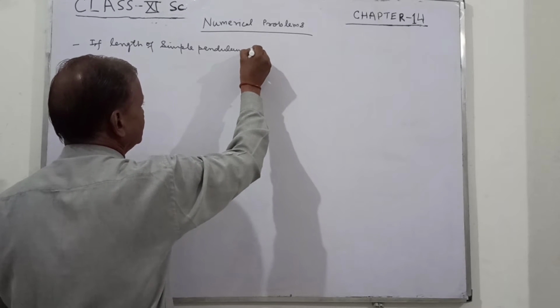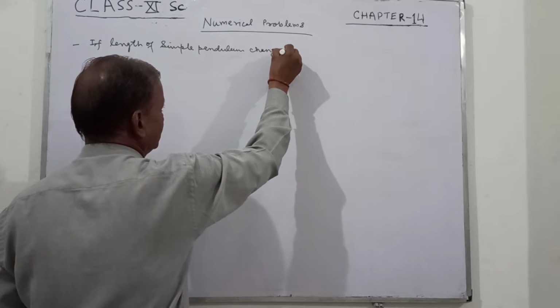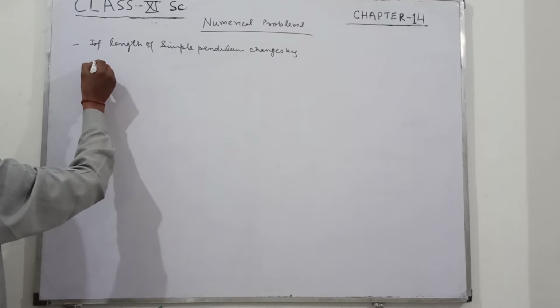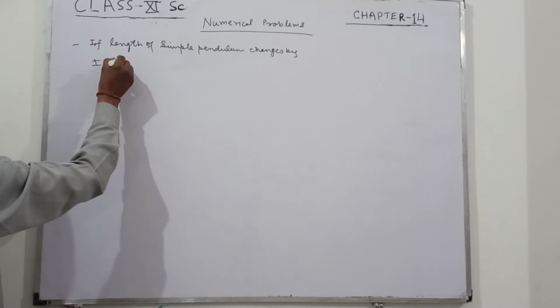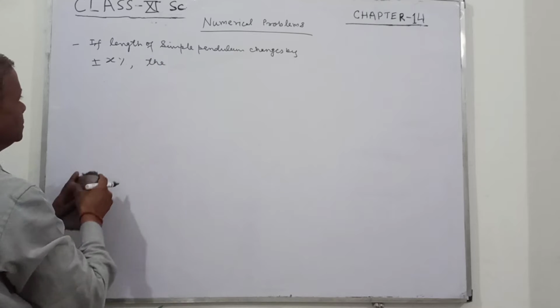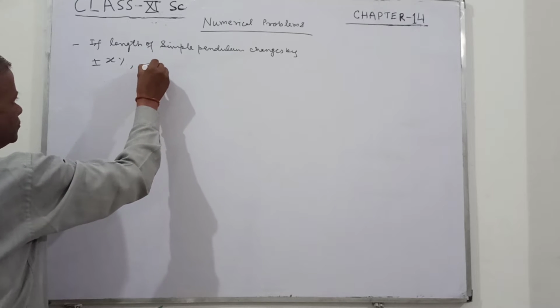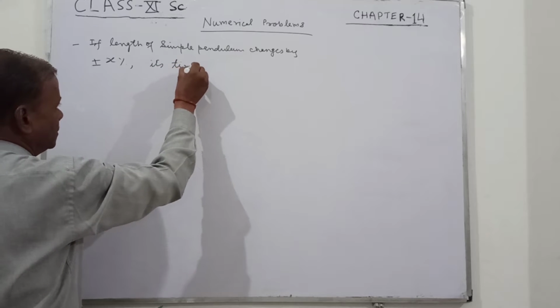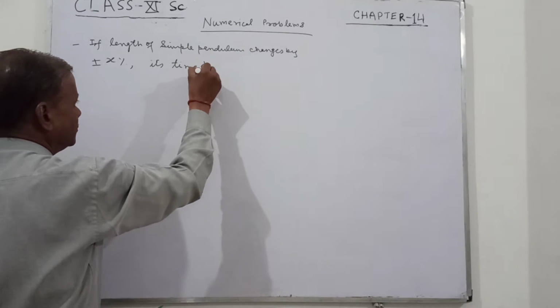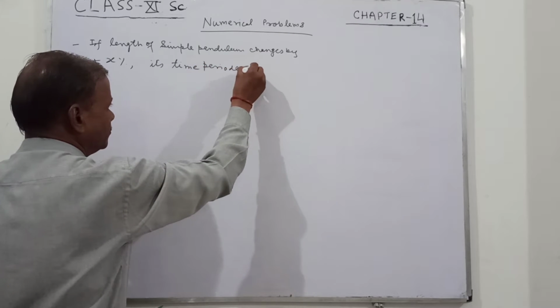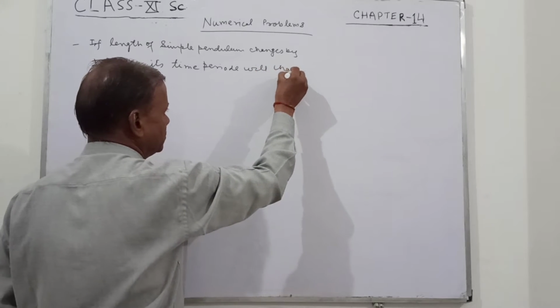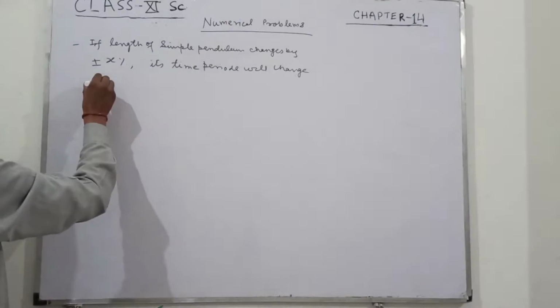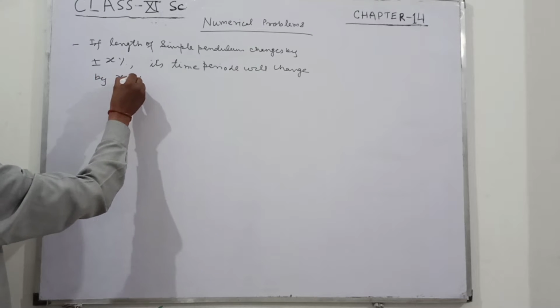If the length of a simple pendulum changes by plus minus x%, its time period will change by x by 2%.